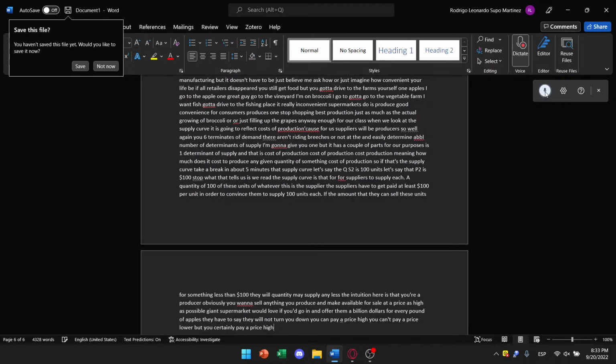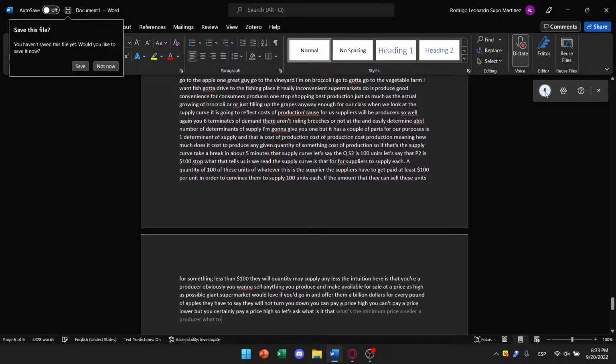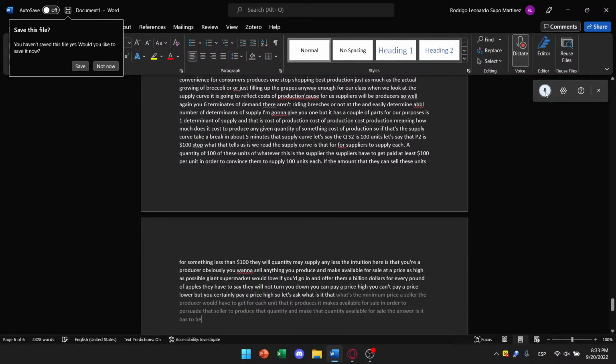So let's ask, what's the minimum price a seller, a producer, would have to get for each unit that it produces and makes available for sale in order to persuade that seller to produce that quantity and make that quantity available for sale? The answer is, it has to be a price that covers all of the costs of production.